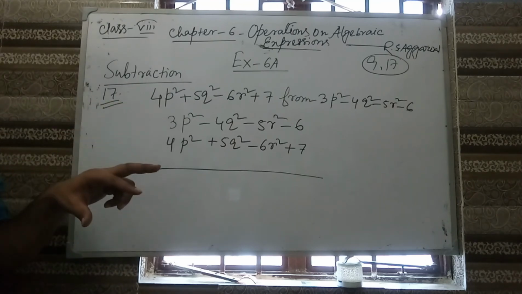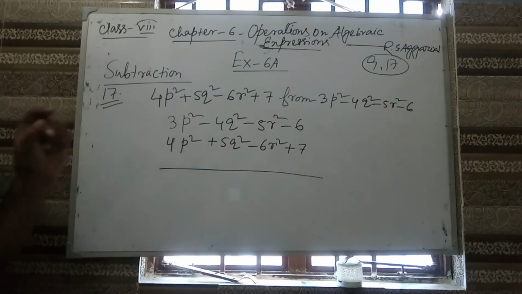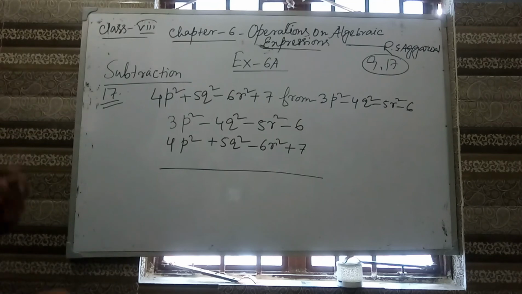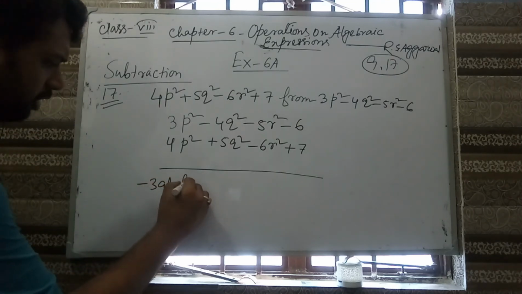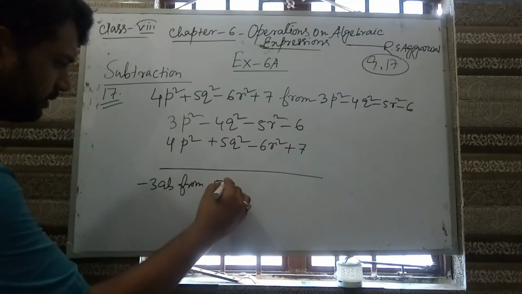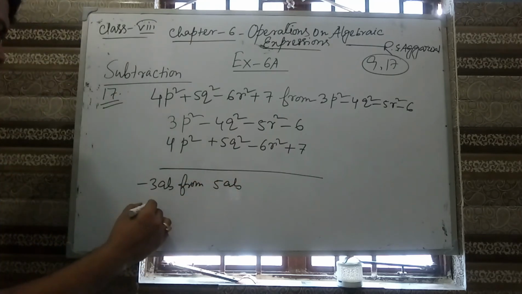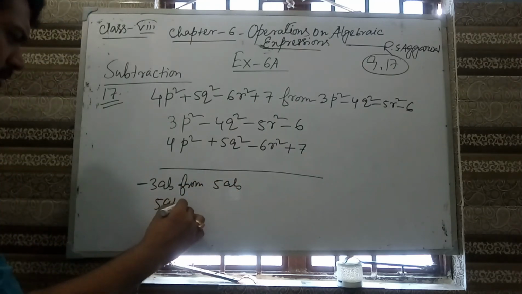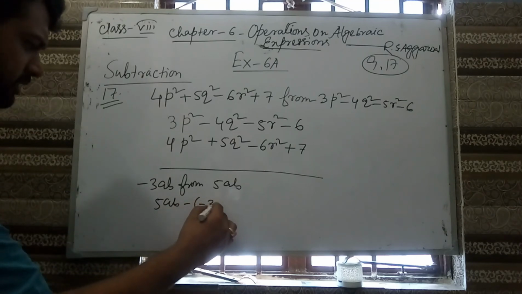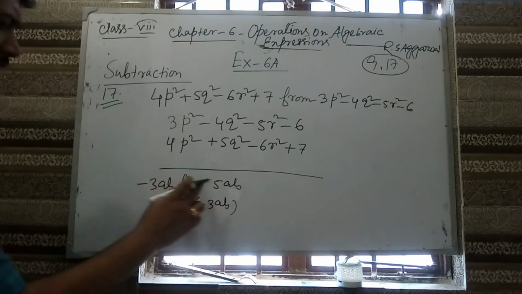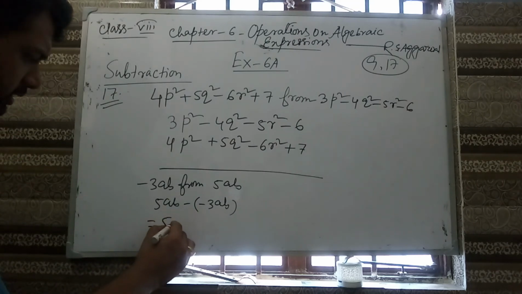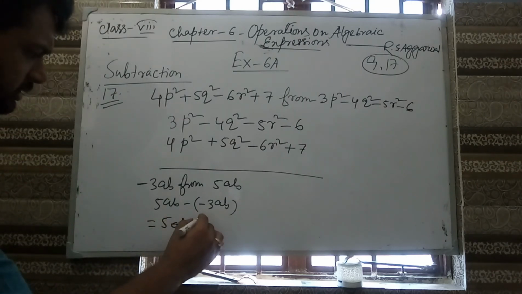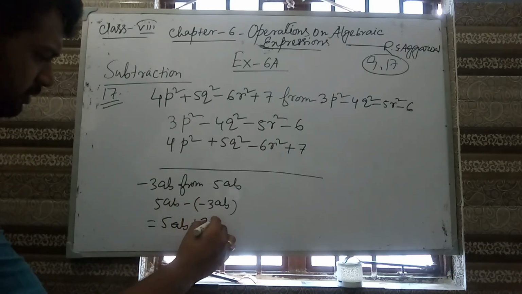When you subtract, the sign changes. Suppose we have to subtract minus 3ab from 5ab. So what will we write? 5ab minus minus 3ab. Since we have only one term, it will become 5ab plus 3ab, minus into minus is plus.